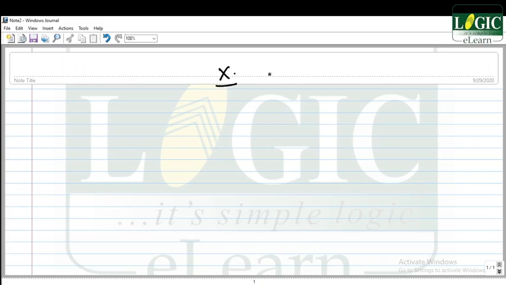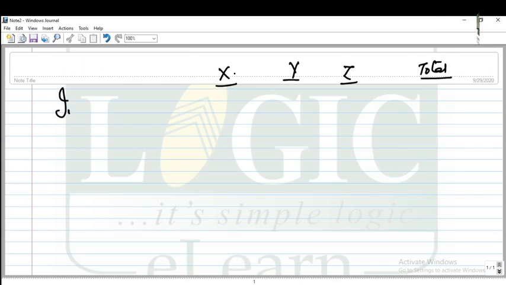The three partners are X, Y, Z, and I told you the last column is total. Okay, what all were omitted? Interest on capital at the rate of 5% per annum was omitted.